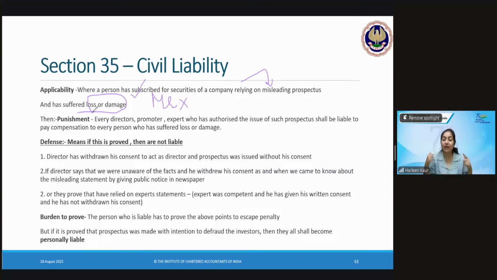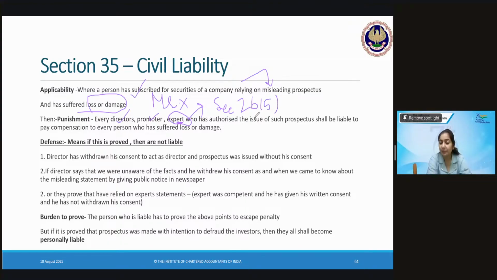If I am Mr. X who has subscribed the shares in your company on the basis of a prospectus which was misleading and I suffer any loss and damage because of this, then every director of your company, every promoter, every expert, who is expert? You remember expert under section 26, subsection 5, जल्दी देखकर बताओ मुझे बुक में से कौन था ये expert?